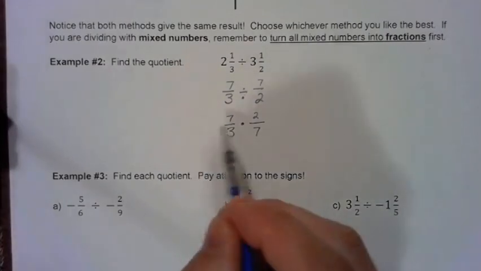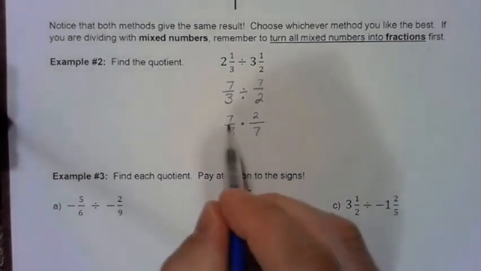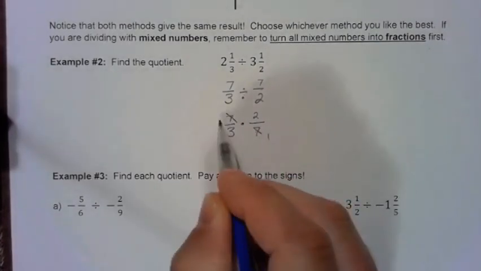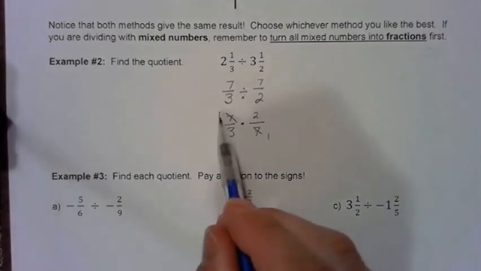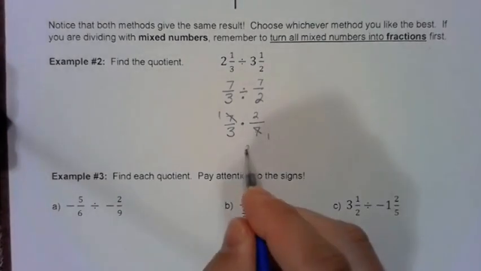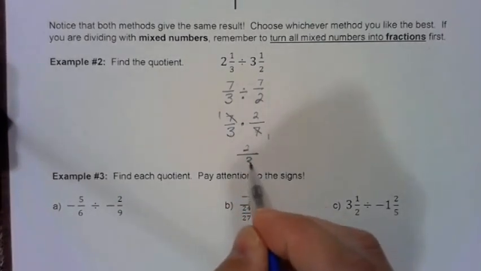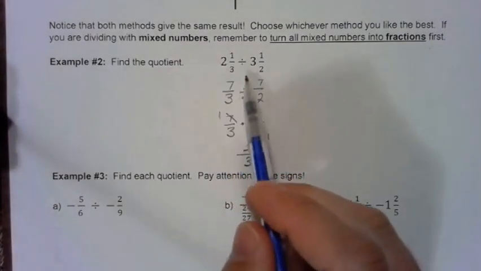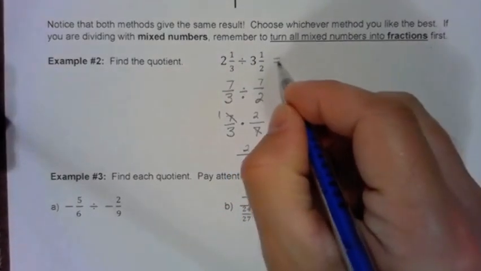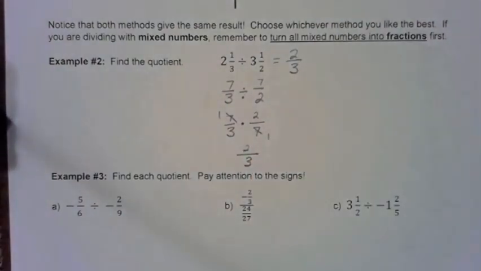And I definitely can. I have a 7 in the numerator, a 7 in the denominator, which both become 1s. And now there's no more simplifying left to do. So now when I go ahead and I multiply, 1 times 2 is 2. 3 times 1 is 3. We get the fraction 2/3. So 2 1/3 divided by 3 1/2 is equivalent to 2/3.